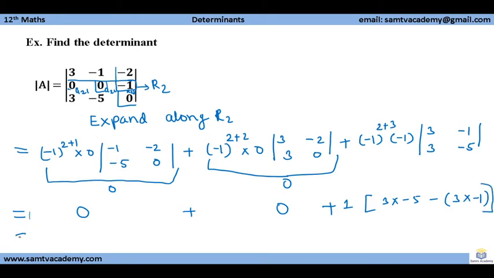So the other two terms are 0, plus this term multiplied by 1. So we will solve minus 15 plus 3. After solving this, we will get minus 12. So the value of the determinant for this matrix is minus 12.